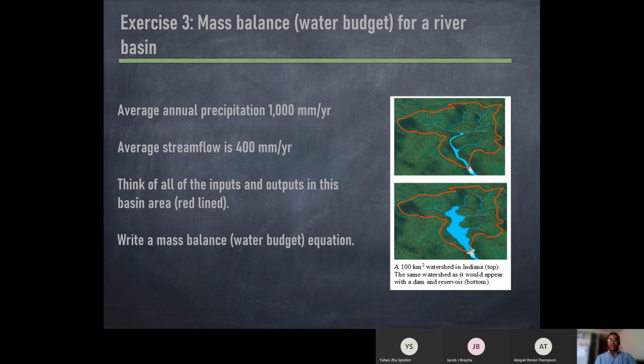One more thing would happen: since the surface area of water is increasing because of the reservoir or construction of the dam, what would increase? Evaporation will increase, right? And you are also right if you said the storage, the water content in this area, is also increased.